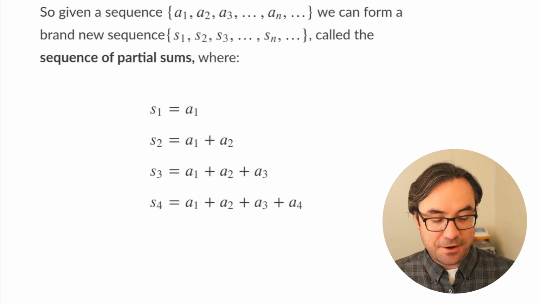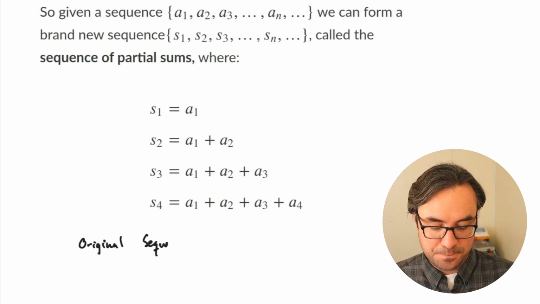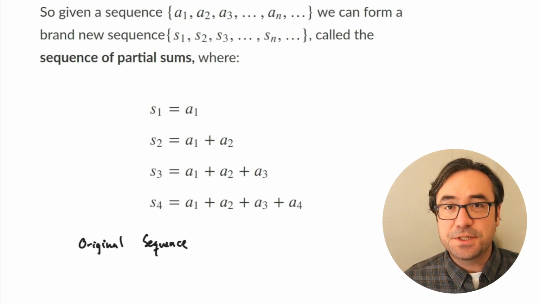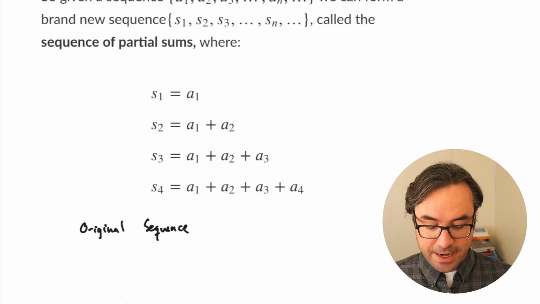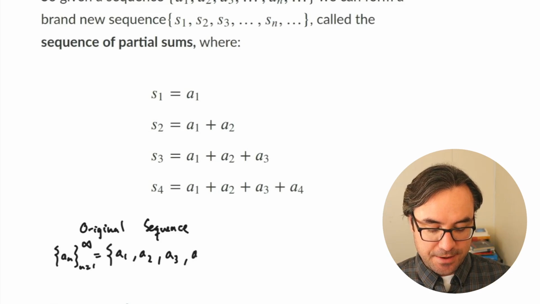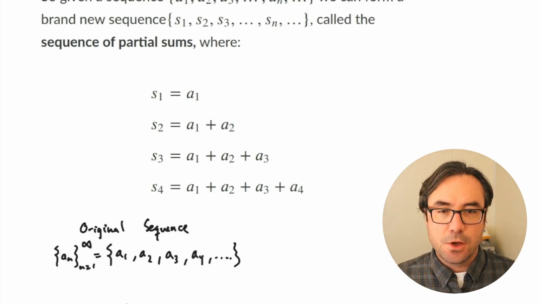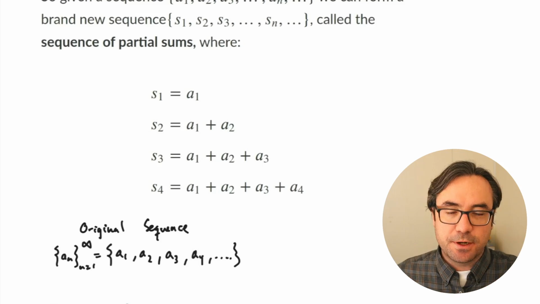So we have our original sequence, curly bracket a sub n. And if we write out the terms, this is just the list of the terms: a1, a2, a3, a4, and so on. So that's one sequence we're going to be considering.